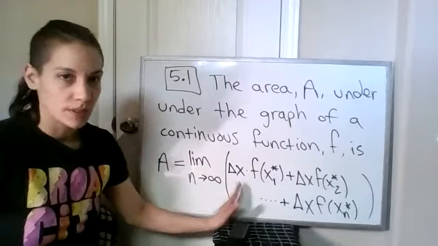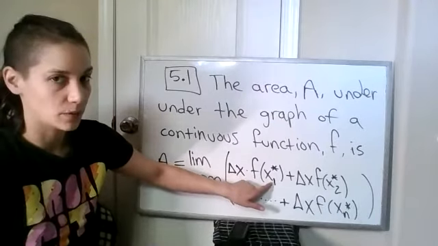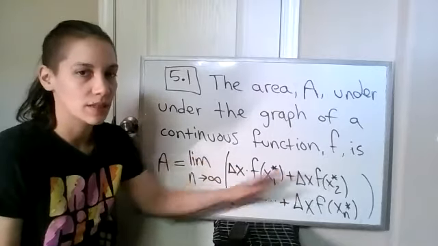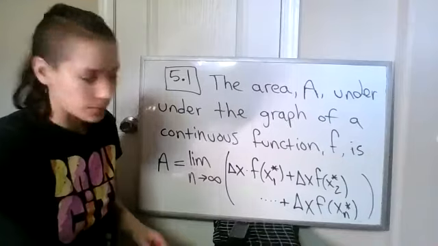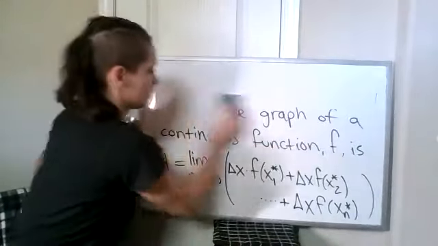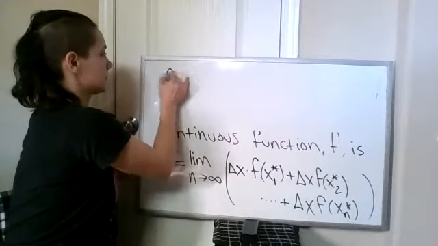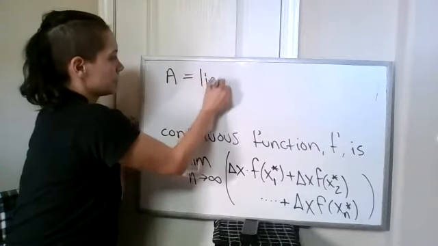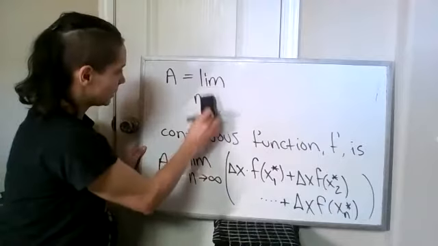So for this piece, we can use summation notation, and then we're going to talk about these x of 1 star, x of 2 star, the x sub I stars, what those are and where they come from. The limit as n goes to infinity.